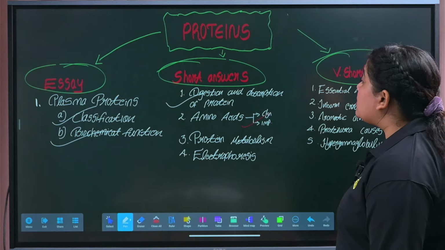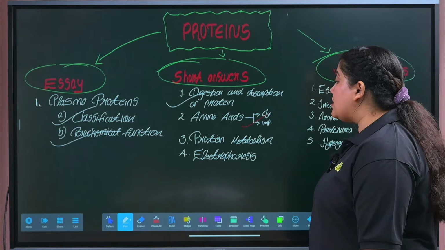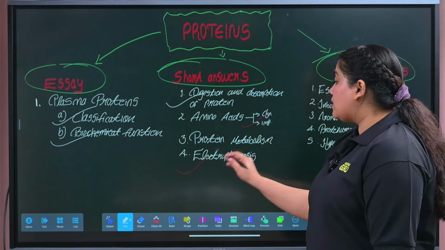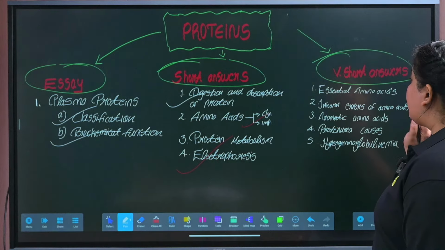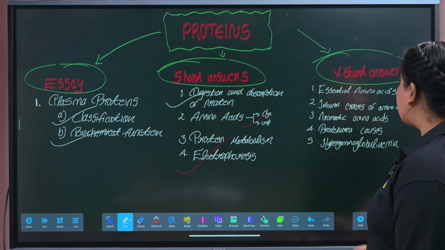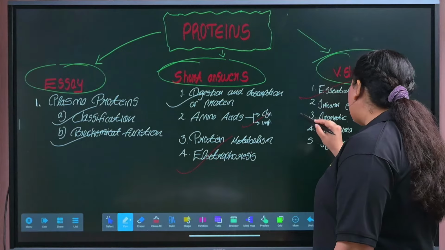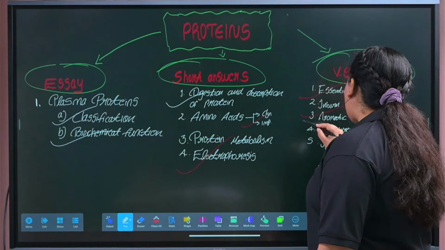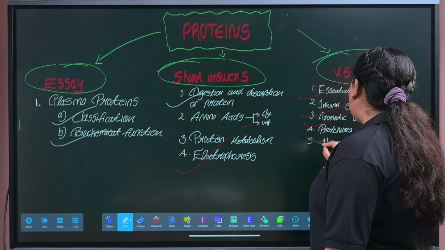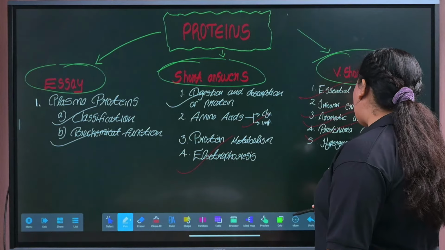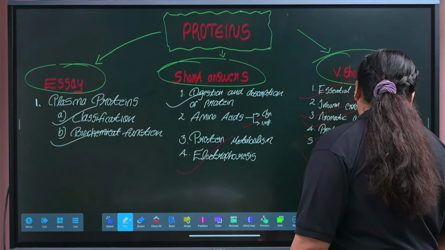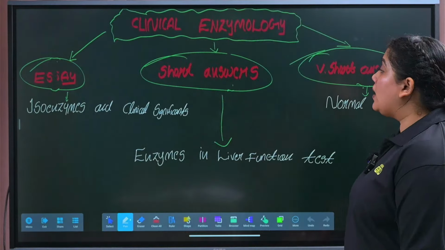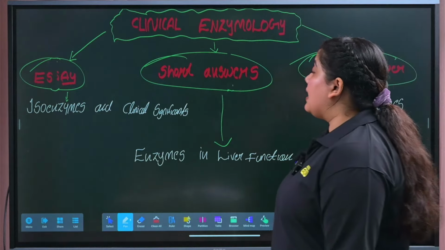Third short answer, protein metabolism, and fourth one, electrophoresis. Clear? And from very short answer, essential amino acid, inborn errors of amino acids, proteinuria causes, and last one is hypergammaglobulinemia. And the fourth one, the clinical enzymology.